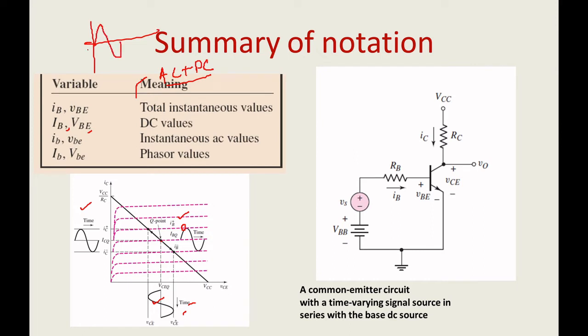In the case of ICQ and small ic, this complete part is small i capital C, or capital I and small c in terms of phasor. You can represent it in any form. The combination of the AC small signal values and the DC values is called total instantaneous. It should be represented by small i, capital C. You have to be very clear on that. AC analysis has to be represented completely in small letters, and DC analysis in capital letters. That is what I explained here.